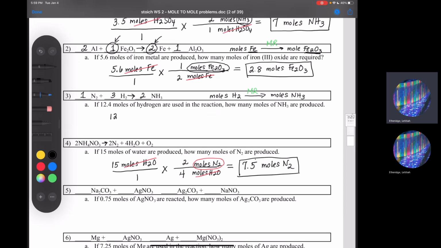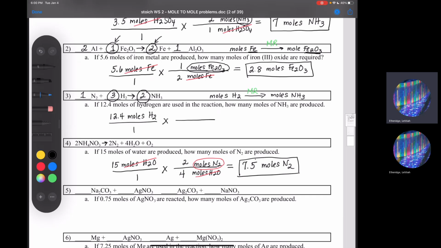So we are starting with 12.4 moles of hydrogen, put it over 1, and then figure out what conversion factor we need to use. So the coefficients that we need to focus on, we are looking at a coefficient of 3 for the hydrogen, and we're looking at a coefficient of 2 for the ammonia.